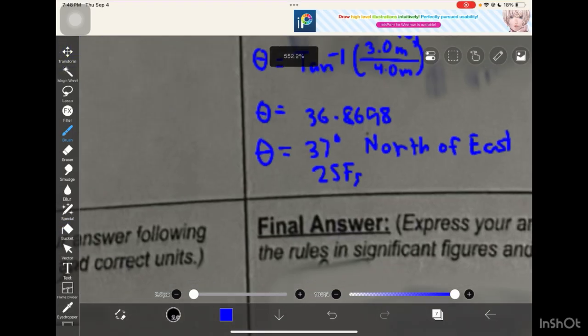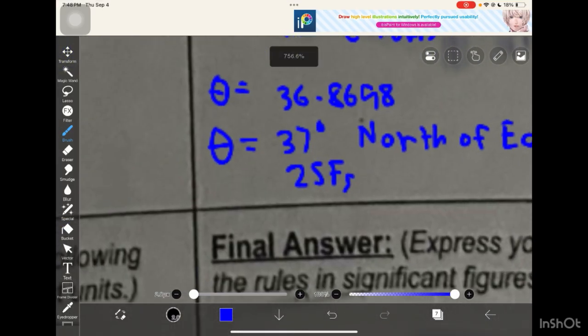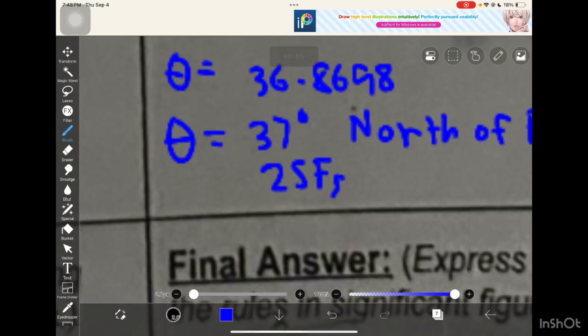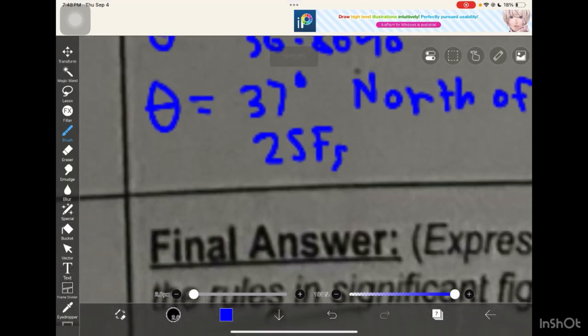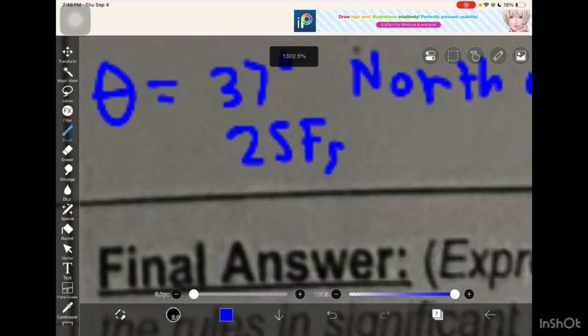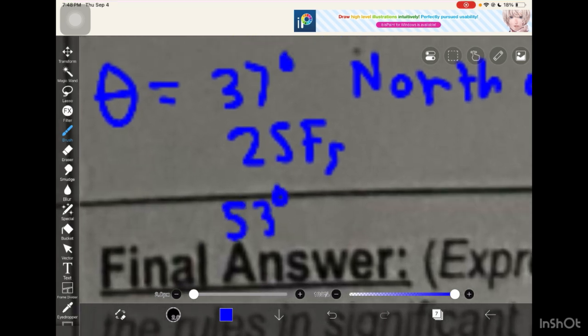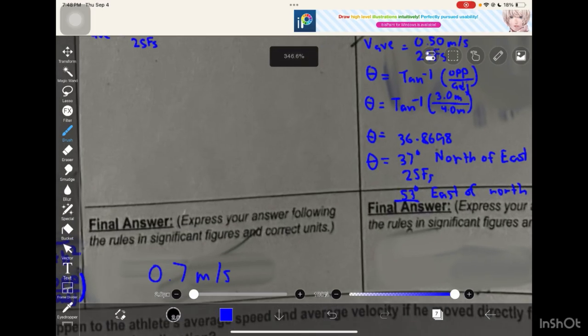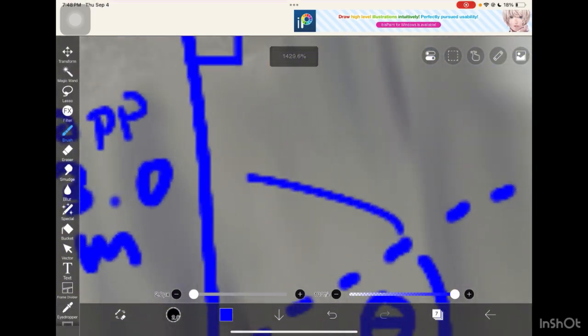However, your teachers can also consider if you made the complement of that, which means you may have gotten mistaken and swapped the sides. You may have gotten something closer to 53 degrees. This is acceptable if you put east of north, as it's only correct if you make this one your theta.